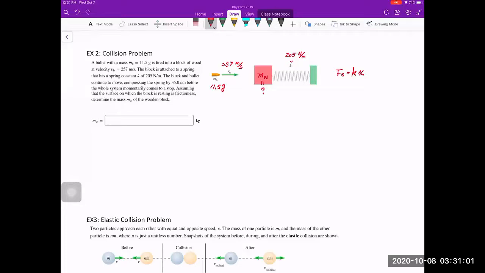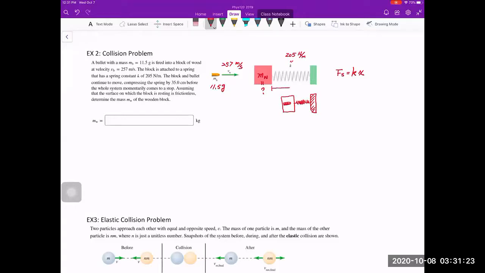Okay, and it also tells you when the block and the bullet stick together, at this point it's going to be fully stopped. And what is the distance this actually traveled?